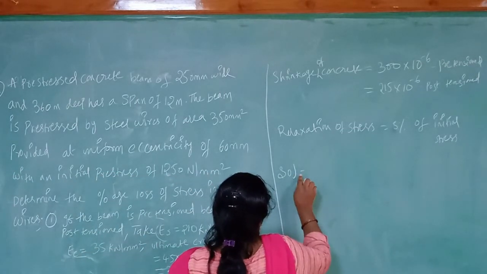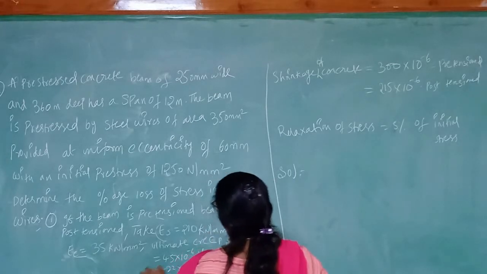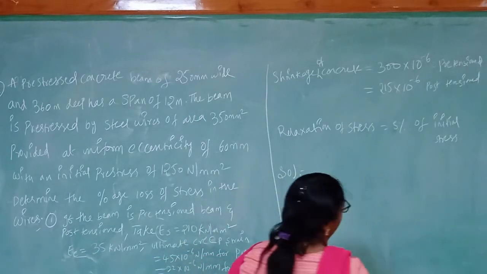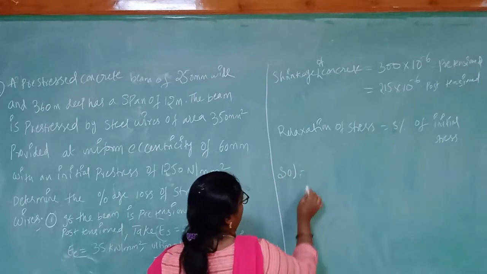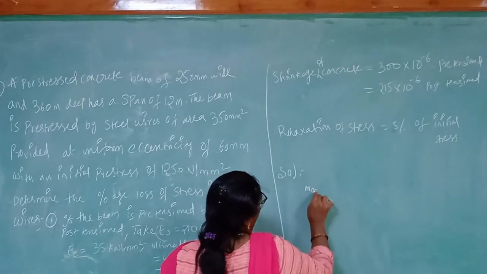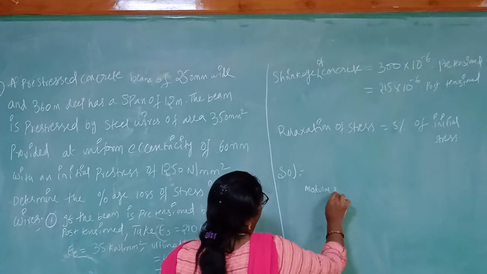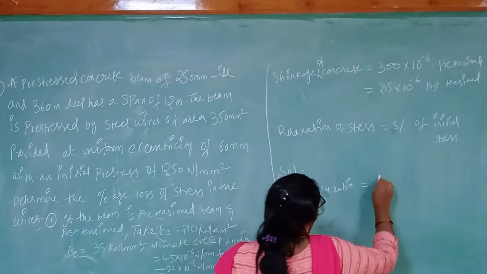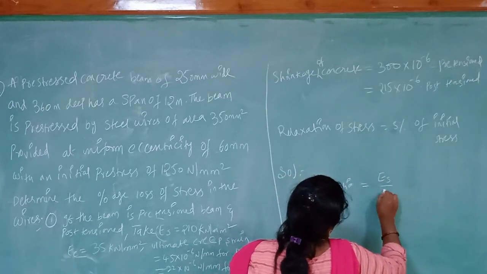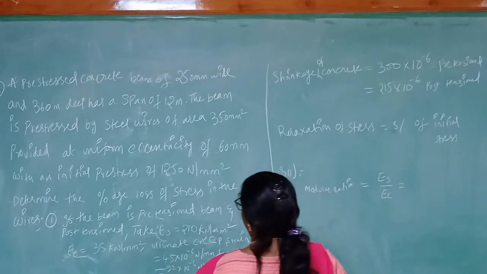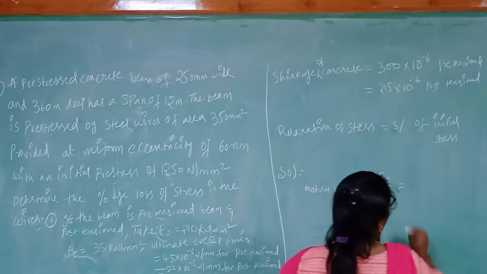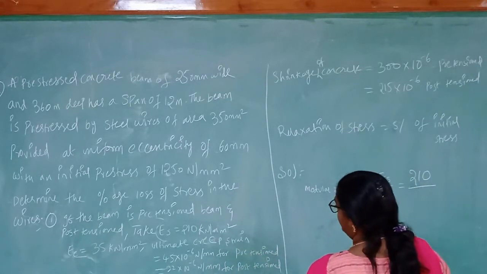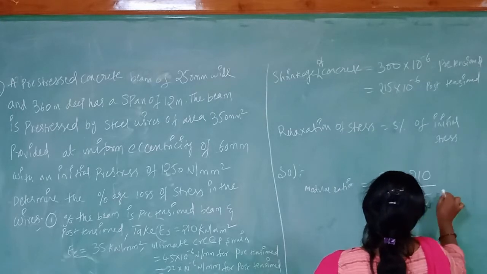First, what we need to calculate: he has given Es and Ec, so we will calculate the modular ratio. What will be the modular ratio here? Modular ratio is equal to Es by Ec. What is the Es here? 210 by 35.